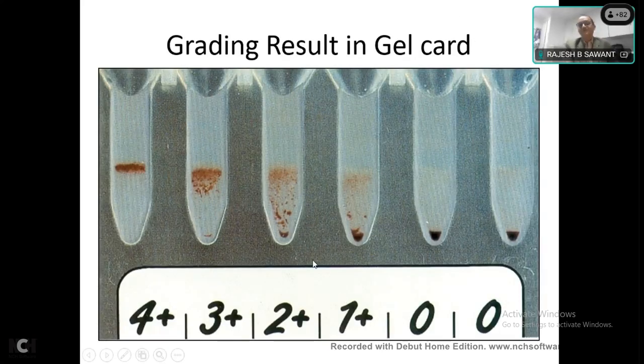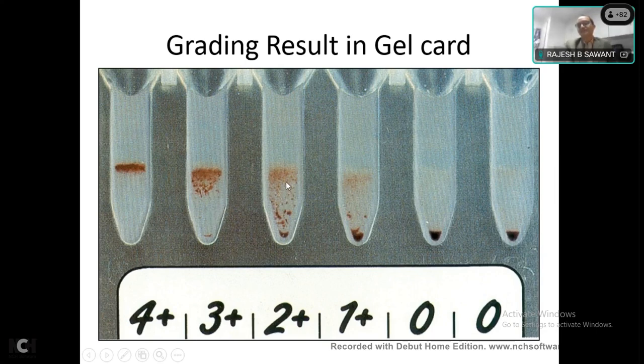What is more important here is the grading of the results, because in the tube technique your grade of agglutination will appear differently, whereas here this one complete layer at the top of the column will be 4 plus agglutination. If there is some percolation into the material in the column, then it would be 3 plus.